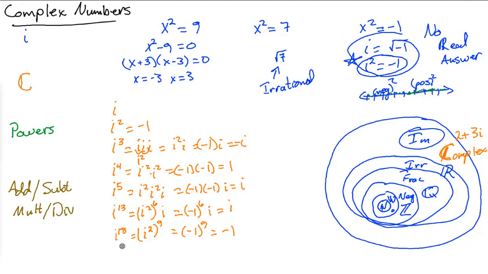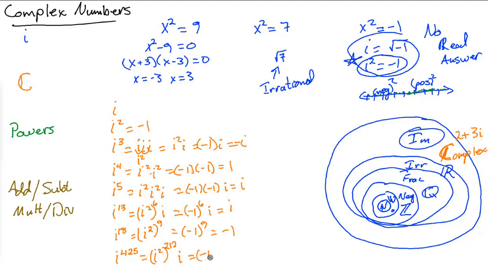All right, so let's do a really big one, like I to the 425th power. Now, this is an odd number, so let's see how many I squareds we can get out of it first of all. If we divide this by 2, it's 212, right? 2 times 212 is 424. There's 424 of the I's, and we have 1 left over.